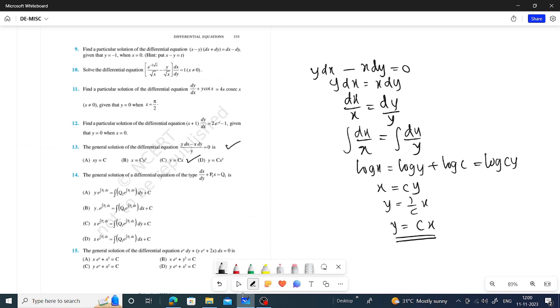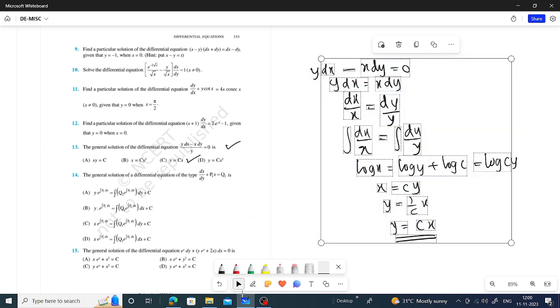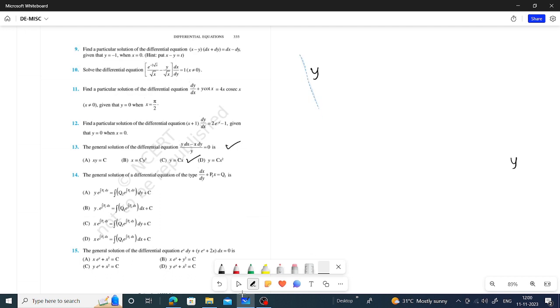Question number 14, that is also again MCQ. So let us check it. The general solution of differential equation of the type dx by dy plus p1 x is equal to q1.